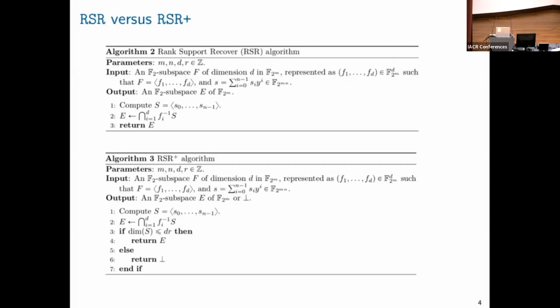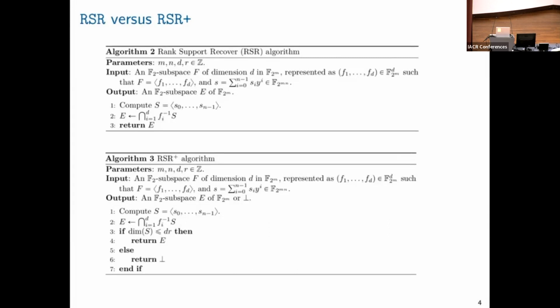But actually we know that for valid ciphertexts, this big S is not going to have rank n, it's going to have some smaller rank dr. So we propose to apply Gaussian elimination on S0 to Sn-1 first to check the dimension of the space.